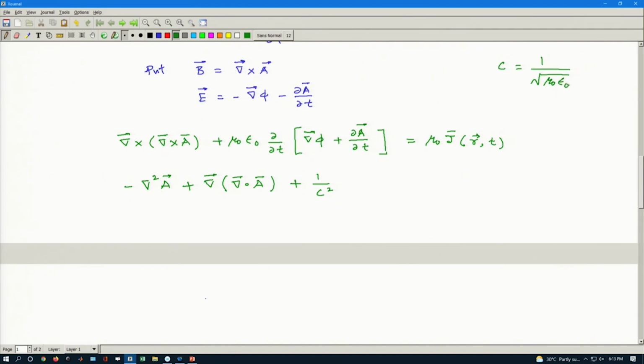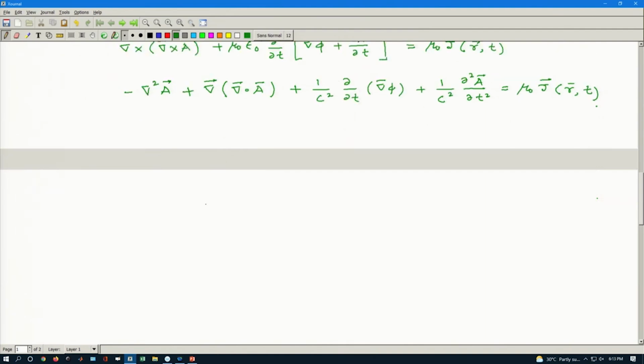So, let us write in this way only. We are going to discuss this part again in the next class maybe. And then we have del t of gradient of phi, and then plus 1 by c square, d 2 A d t square is equal to mu naught J function of r and t, that we get.